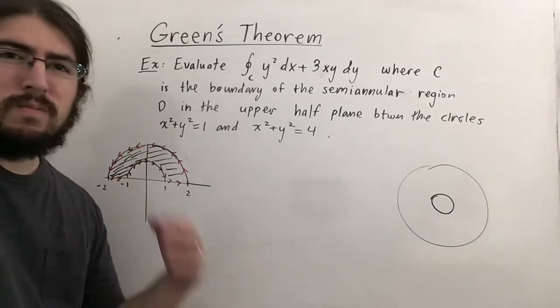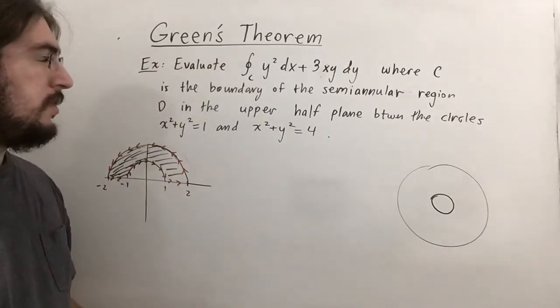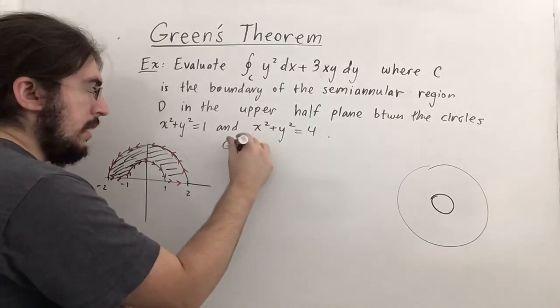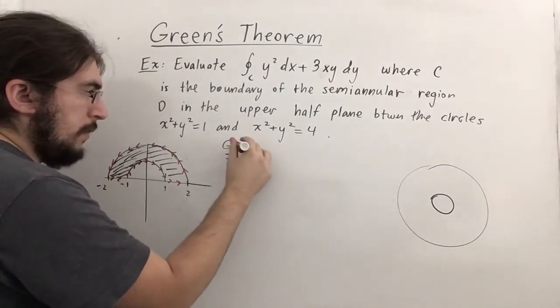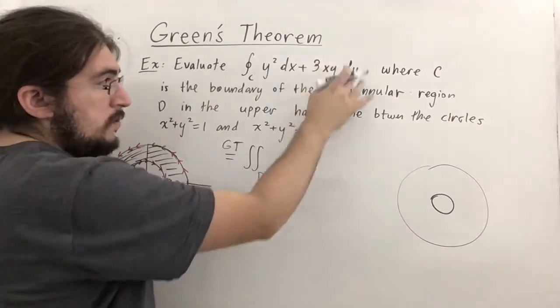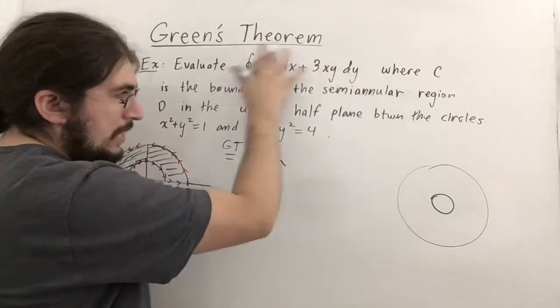But now, really what we can do is jump into Green's theorem, because it's positively oriented because of the notation. So by Green's theorem, what do we get? Hopefully we're pretty good at doing this by now. It's a double integral over the region D of the derivative of this with respect to x, because we're putting it over here.